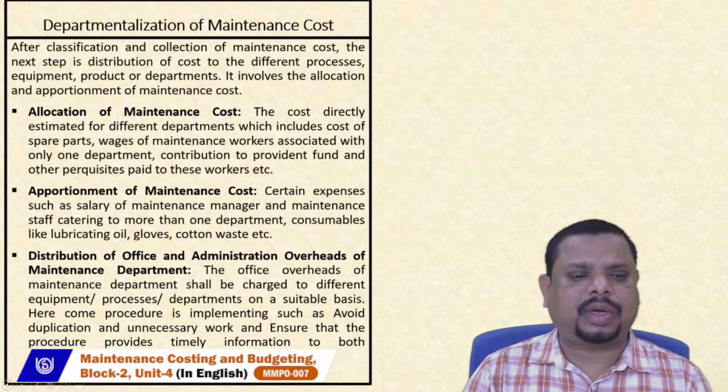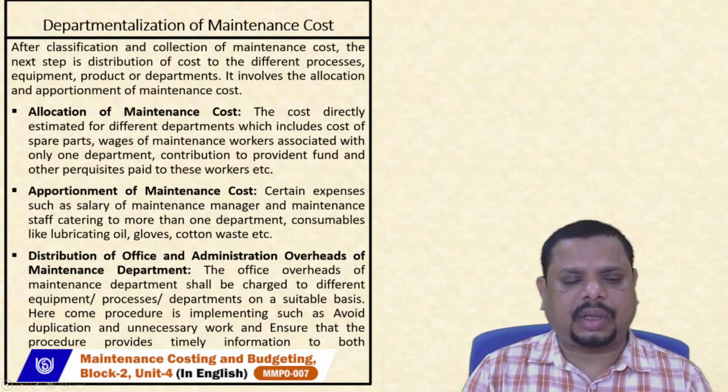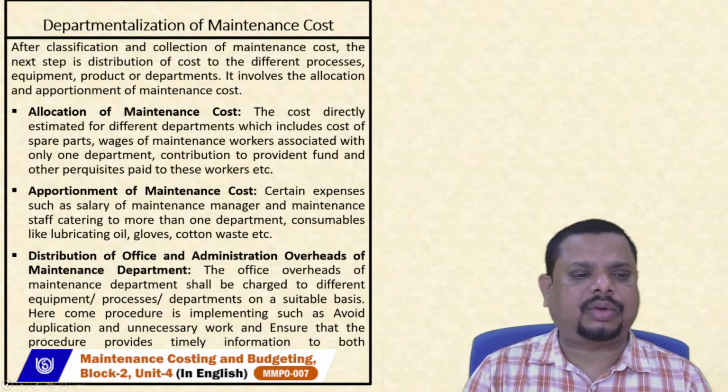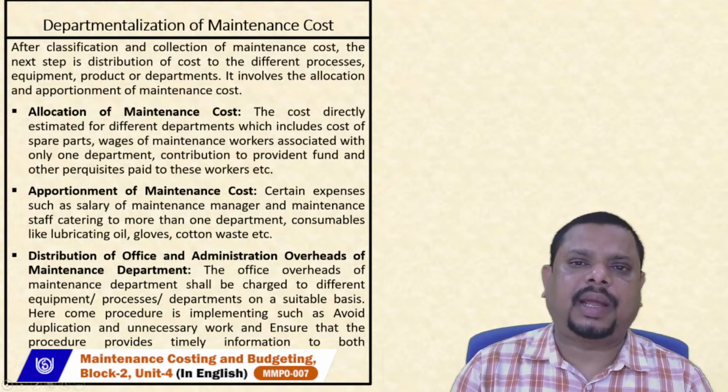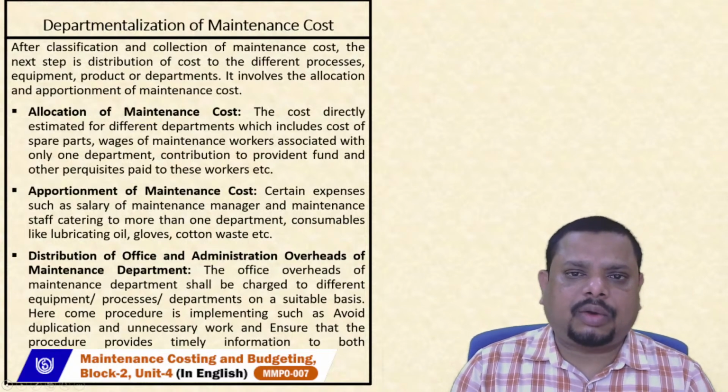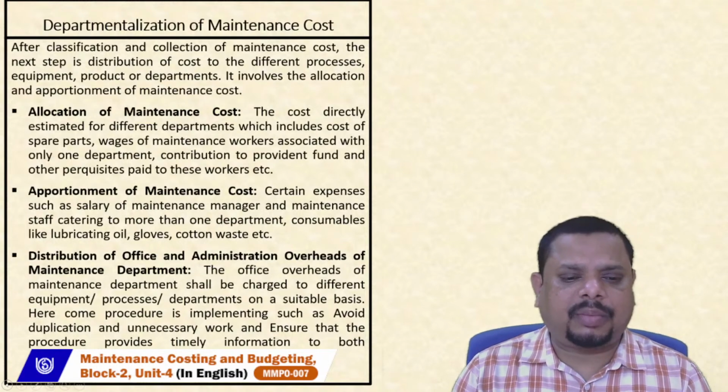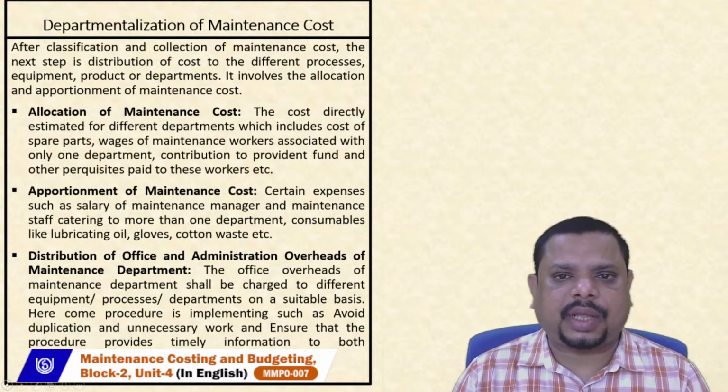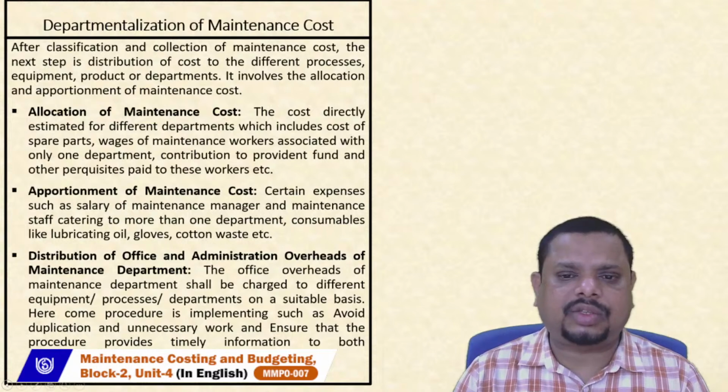For example, the purchase department buys a large quantity of stationery, and this stationery is for the maintenance department. So whenever they distribute office and administrative overhead, they implement the procedure to avoid duplication and unnecessary work for the department. It ensures that the procedure provides timely information to both departments whenever they estimate maintenance cost.